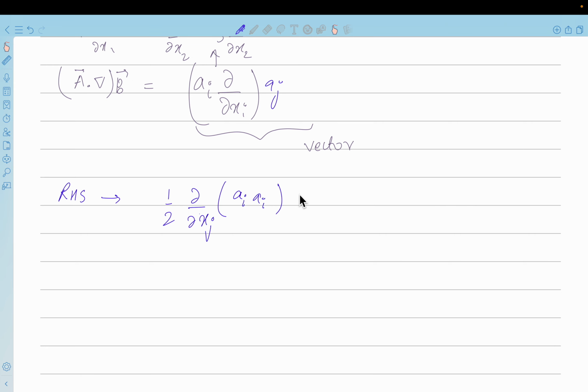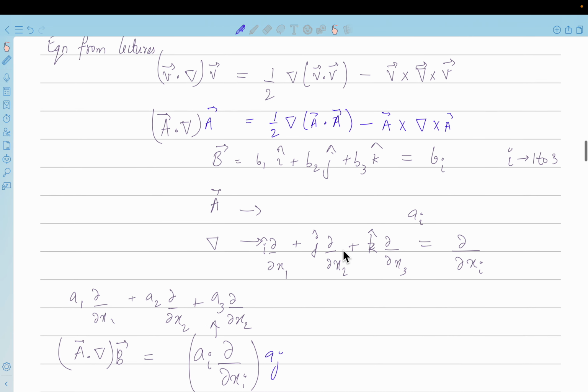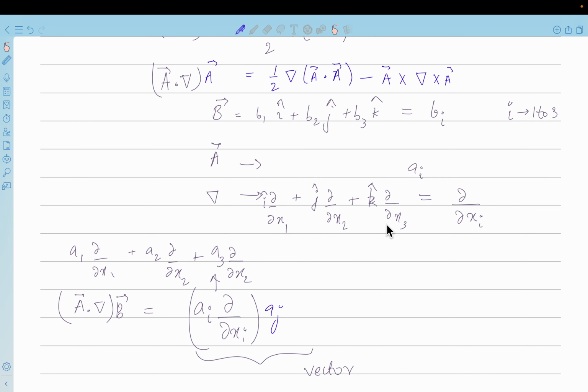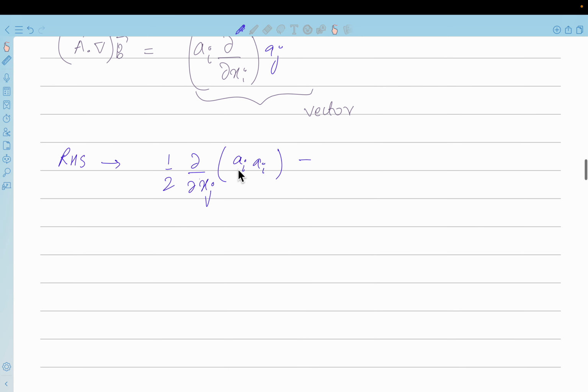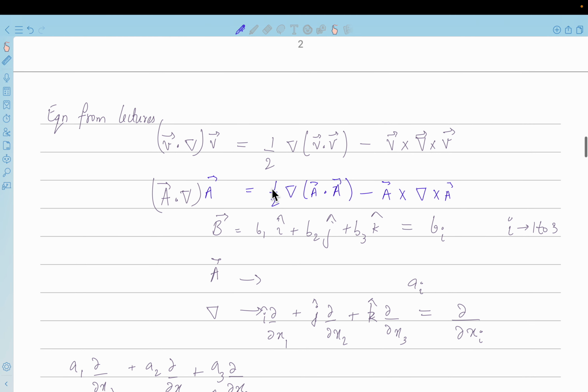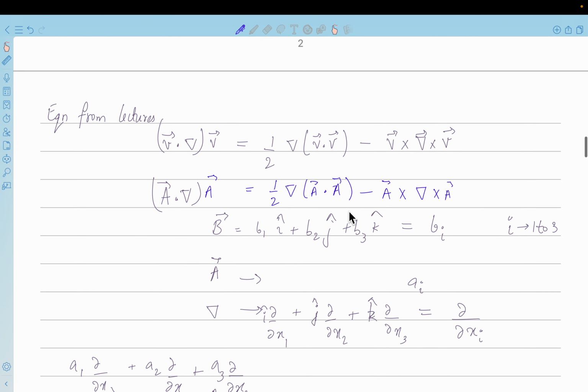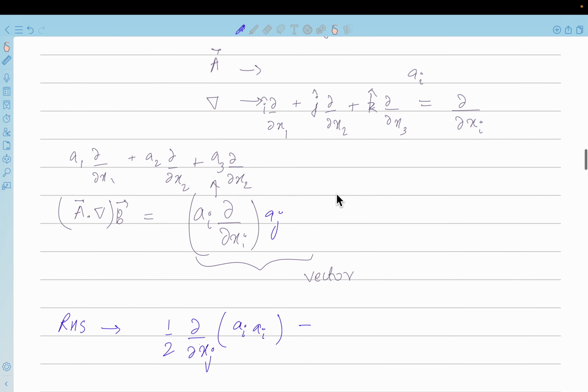Is the first term clear? How did we write this first term? Not clear. Okay. Do you know the Einstein notation? Yeah, okay. So A dot A, if we multiply, you agree it is AI, AI. And then we are operating this grad term on A dot A. The grad term is represented by dou by dou xi.